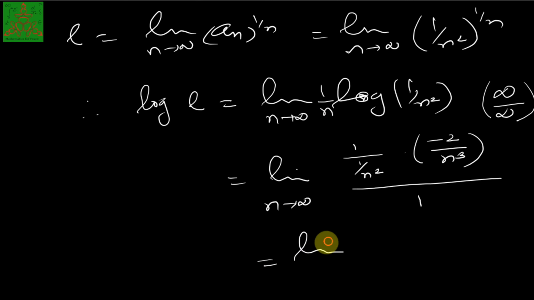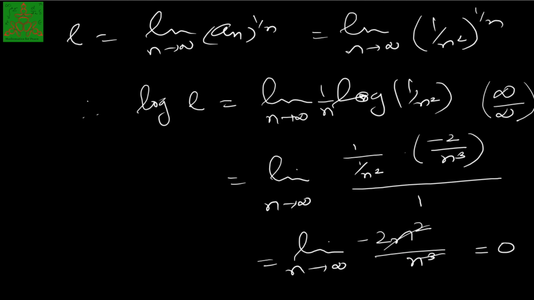If you simplify, the denominator goes into the numerator, so n square is in the numerator and n cube in the denominator. The n square cancels out, one n is left in the denominator, and as n tends to infinity this gives 0.